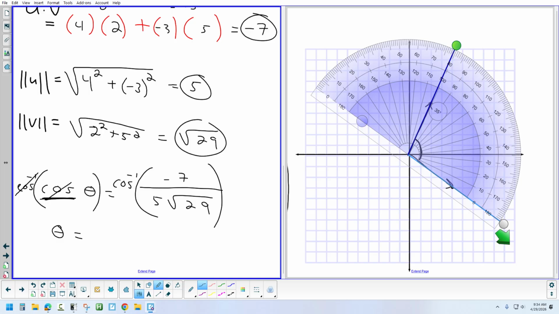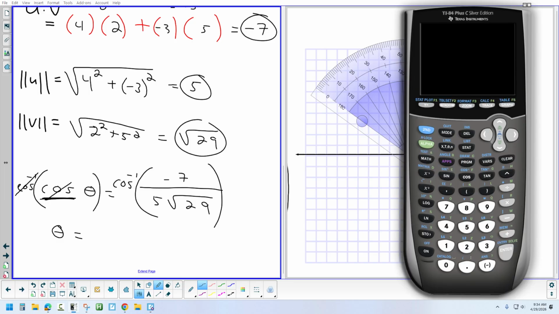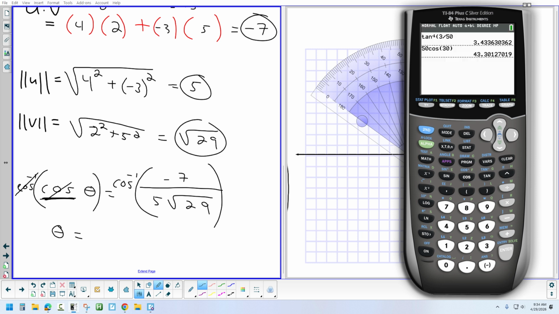So that's what we need to type in. We have to be a little bit careful when we type that in on the calculator because there's multiplication in the denominator. So inverse cosine. Whenever a denominator has multiplication like that, in order to have it do the order of operations correctly, you need to put it in parentheses, just like I did right there.